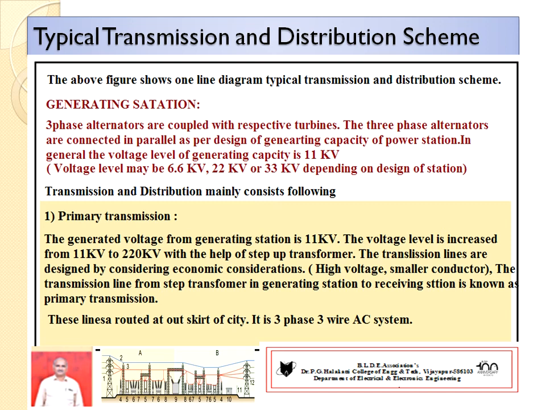These lines are generally routed outside of the city, because generating stations are installed near the energy resources. Such a system uses a three phase, three wire AC system.